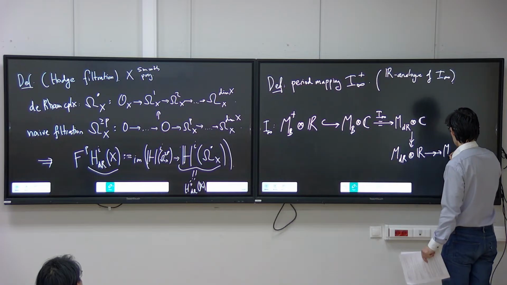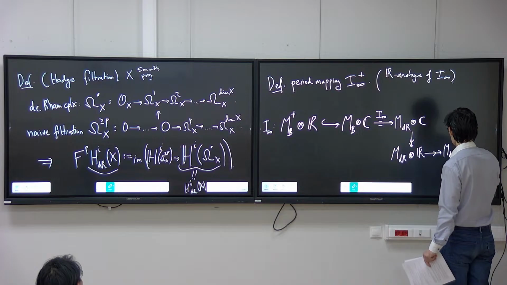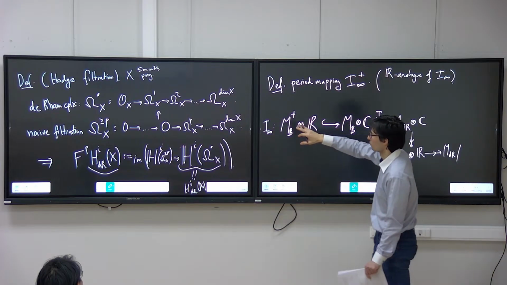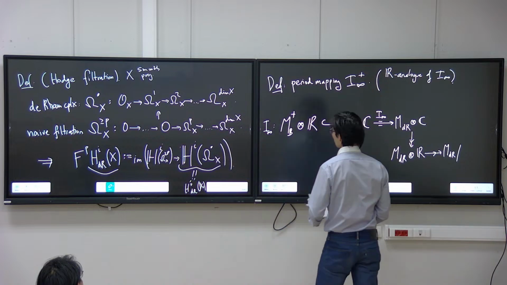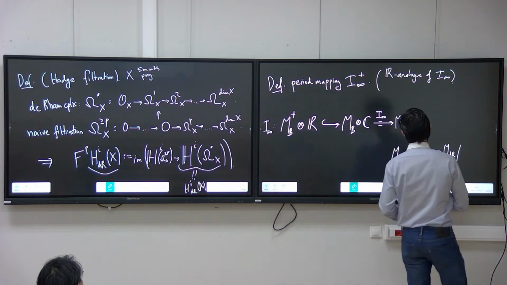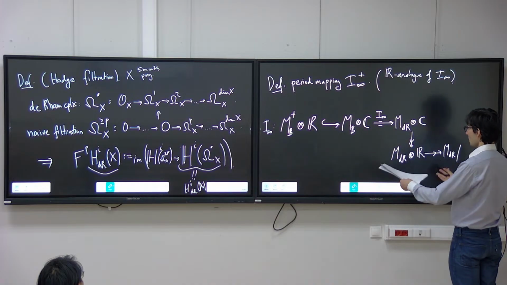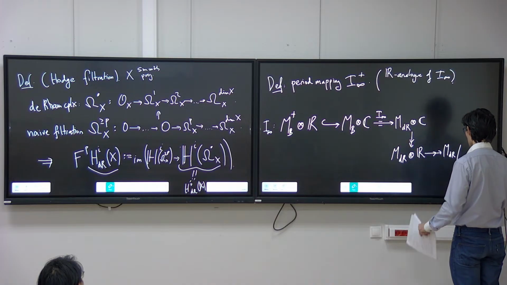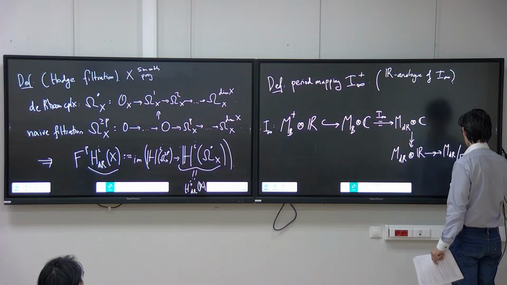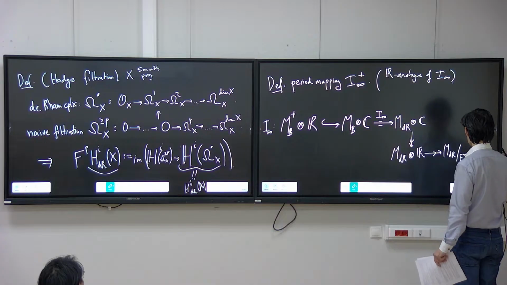So even though I defined the Hodge filtration in this setup only on smooth projective varieties, it extends in a natural way to pure motives just because they are generated by smooth projective varieties. So F^0 of R.